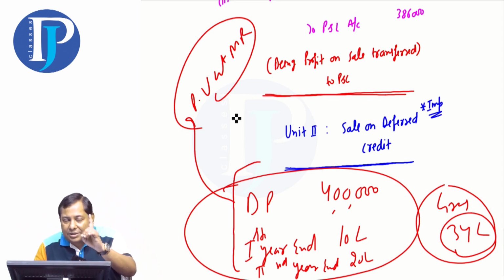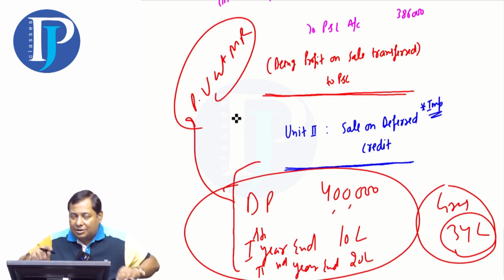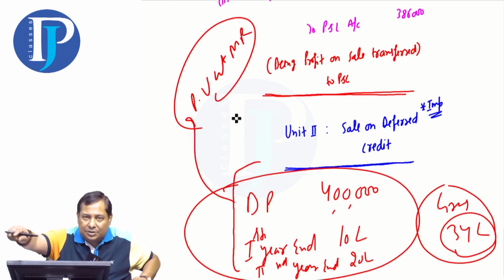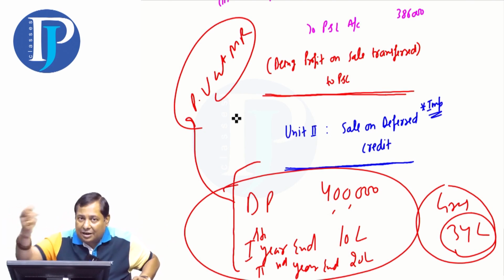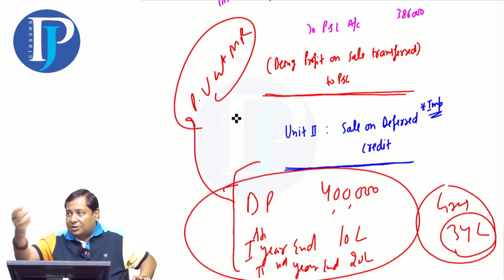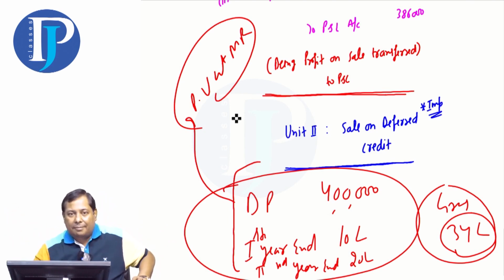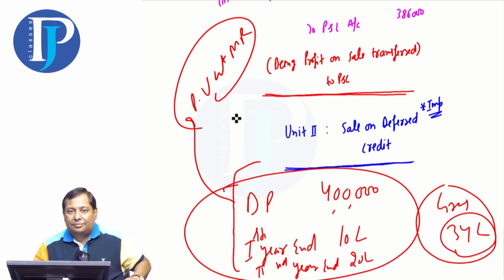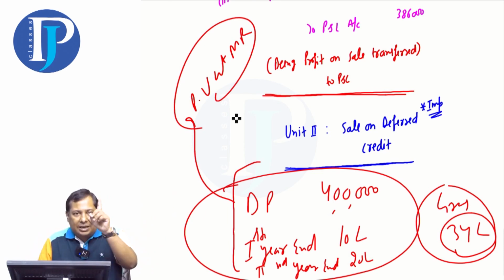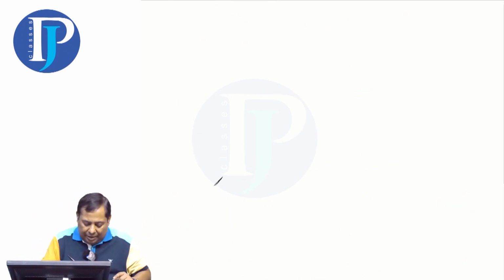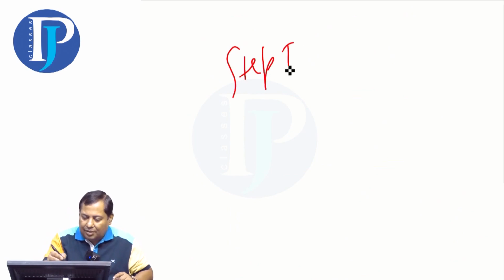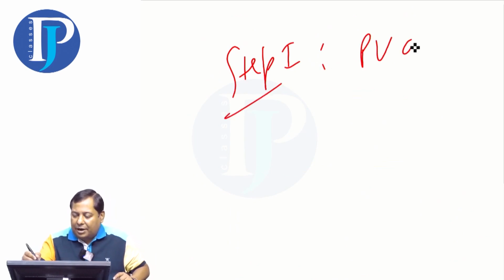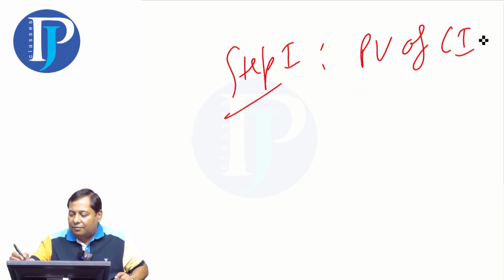When you make a purchase on credit, then you will book the creditor, and when you sell on credit, then you will book the debtors. They will pay the money with interest, so there is an interest inflow which will be added to the income. What we did in purchasing, here we will do exactly the opposite. So you have to understand the whole procedure, don't you? The first step, I'm talking about the first step, is to calculate the present value of cash inflows.